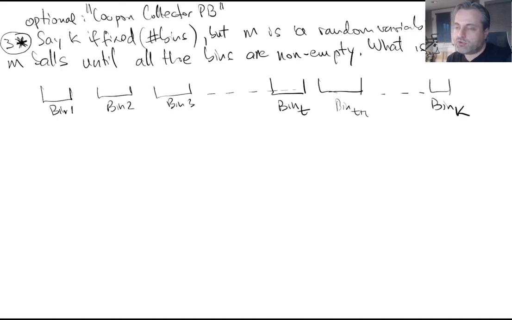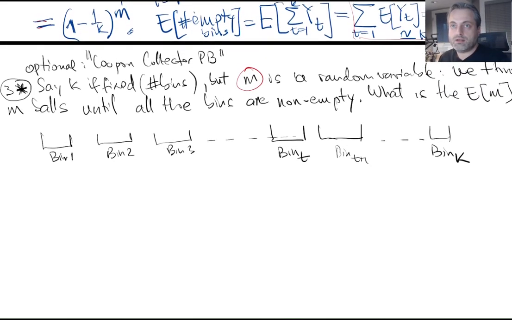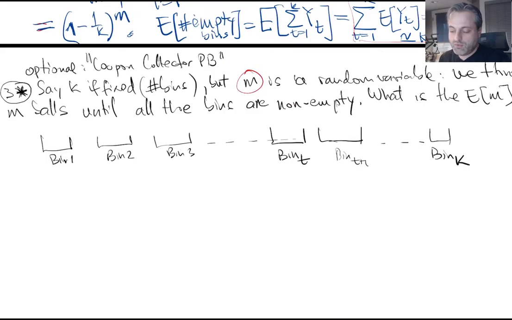I want to draw this. The question says m here is a random variable. It's not fixed, so we don't have m balls this time. Here, we throw enough balls until we don't have any empty bin, right? So in here, m is a random variable.